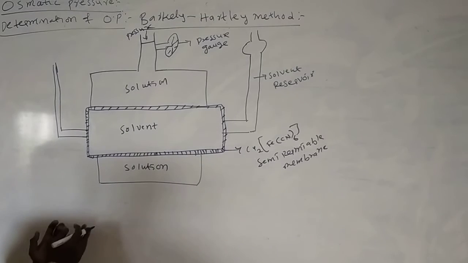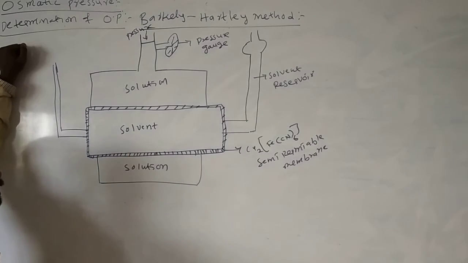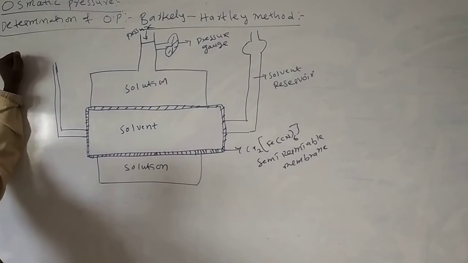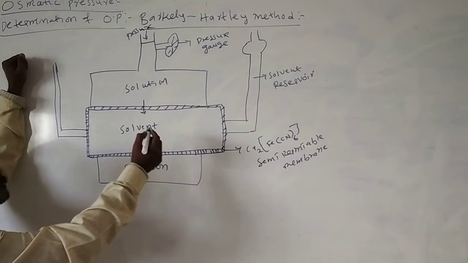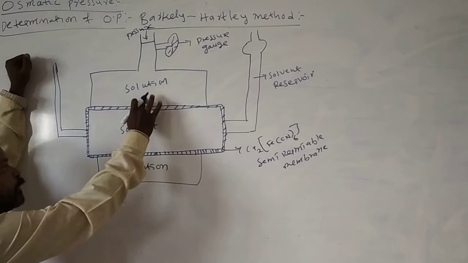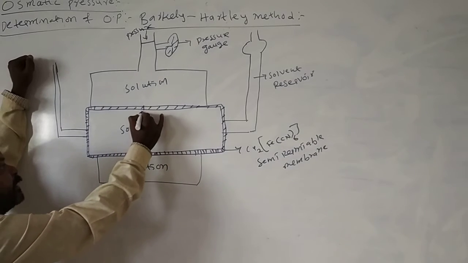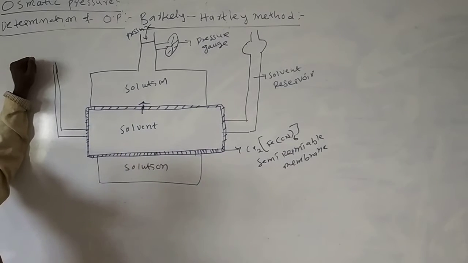After the construction of this instrument, what happens? Some of the solvent particles move from the low concentration area to the high concentration area, that means from solvent into solution.